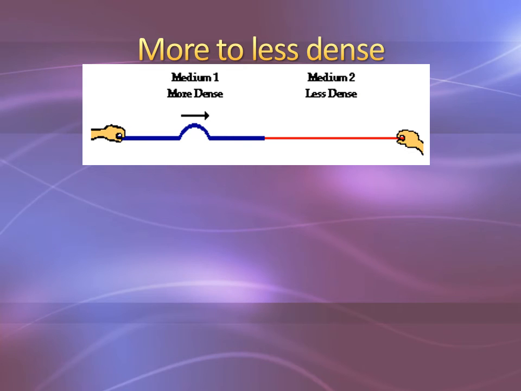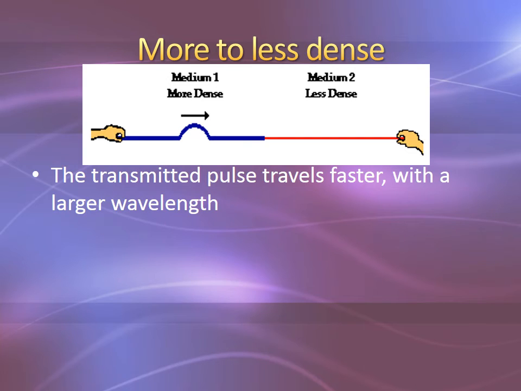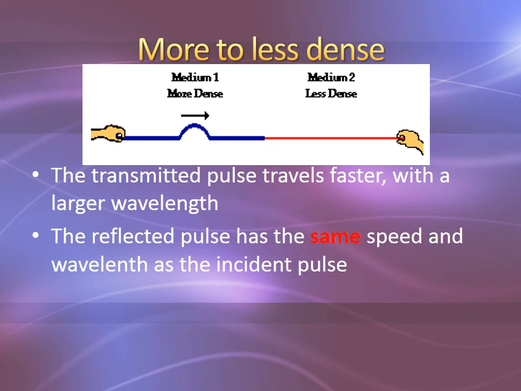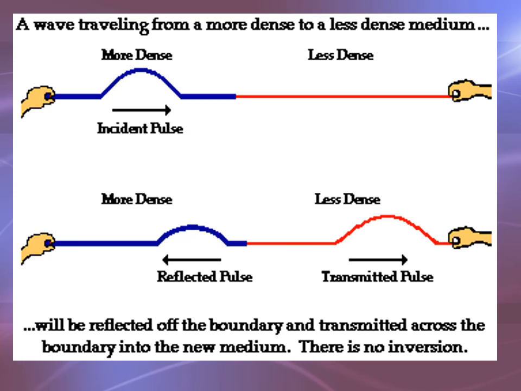So now let's look if we go from more to less dense. The transmitted pulse travels faster with a larger wavelength because now the less dense medium has a larger wave speed, and so the wavelength goes farther. The reflected pulse has the same speed and wavelength as the incident pulse because it hasn't changed mediums.